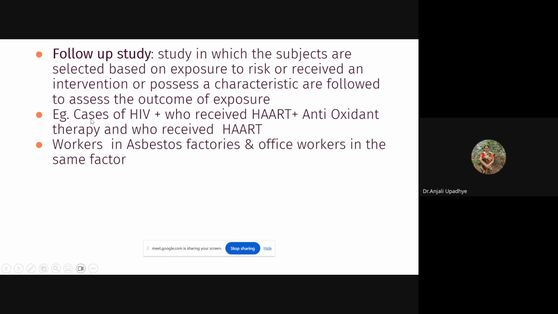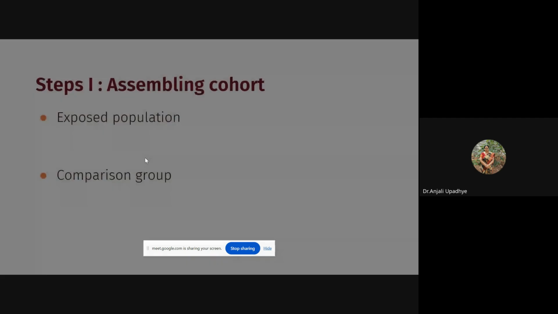For example, cases of HIV/AIDS who received HAART and antioxidant therapy. Workers in the factories or office workers in the same factory: are they having the exposure? It may happen that in future they may have cases of HIV.